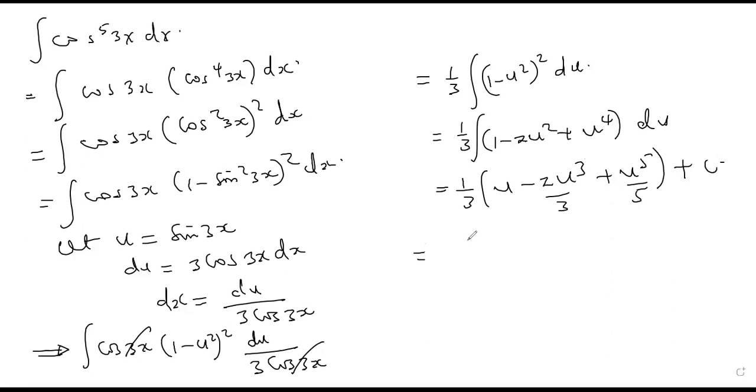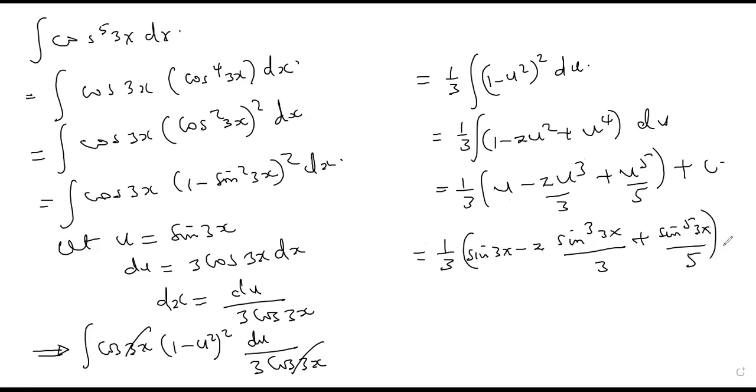But we need to put what u is equal to. U is sine 3x, so we shall have sine 3x here, minus 2 sine cubed 3x out of 3, then plus sine power 5 3x out of 5 plus a constant of integration.